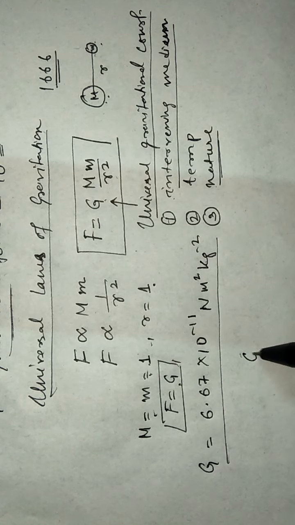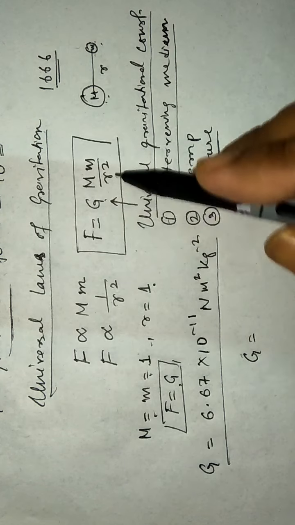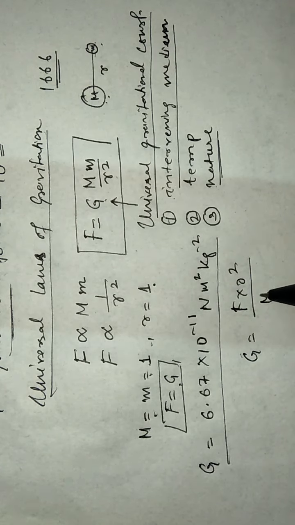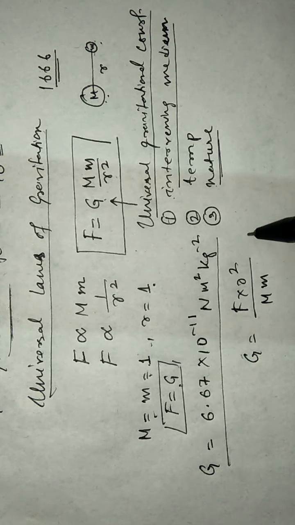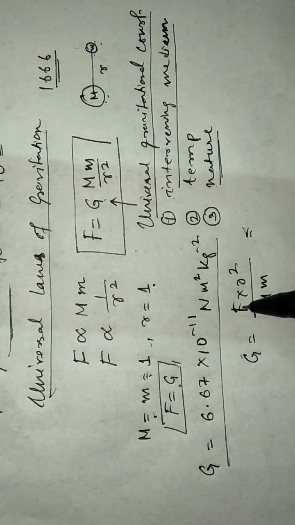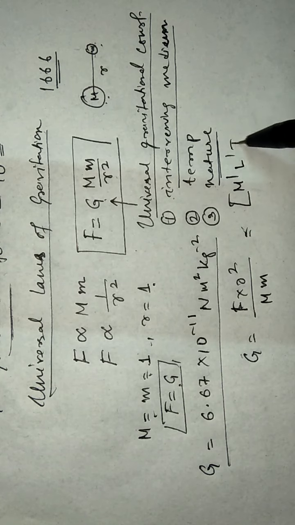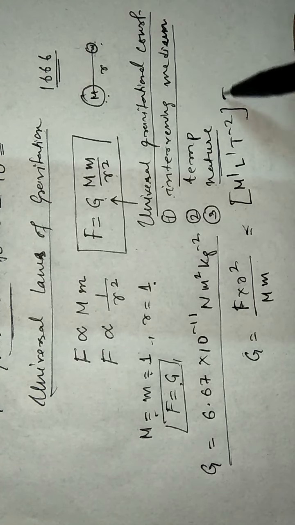Now we can write that G is equal to F into R squared divided by capital M into small m. So if you want to find the dimension of G, what is the dimension of F? The dimension of F is M1 L1 T to the power of minus 2. What is the dimension of R?